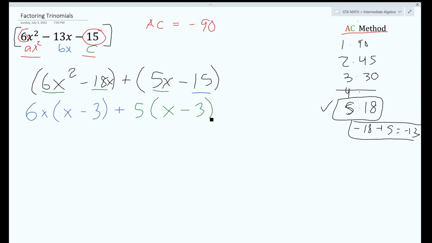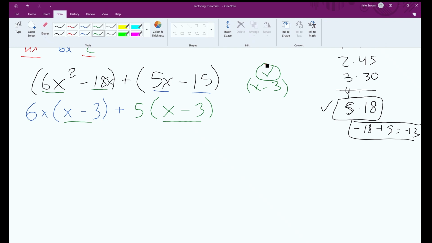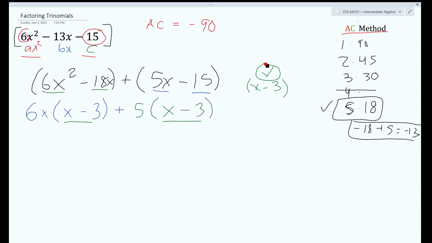From here, since we have a pair that's identical both here and here with the x minus 3, we can check this pair off because it has showed up twice, which means its multiplicity allows us to use this when we factor. I hope I said that right. If I didn't, let me know in the comments, right? So we're going to take this pair and this pair.